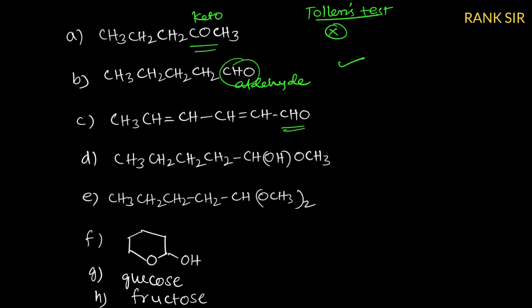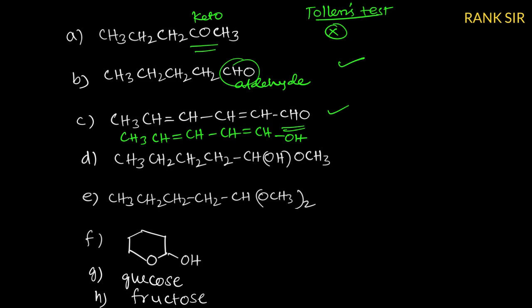Here an aldehyde group is there, and here a double bond; whatever other possibilities there are, an aldehyde is there anyway, so it gives a positive test. But in case it is given like this, CH3 CH double bond CH, CH double bond CH, OH, will this give a positive test or not?